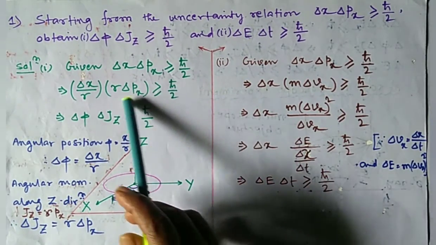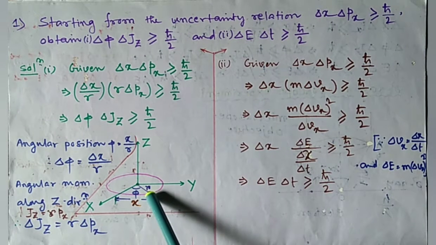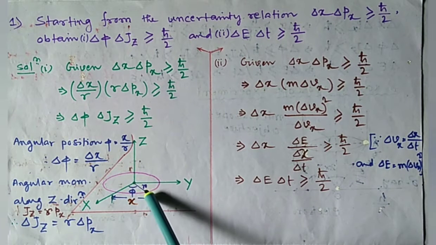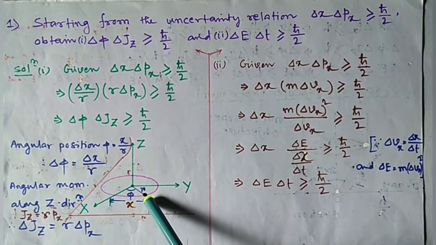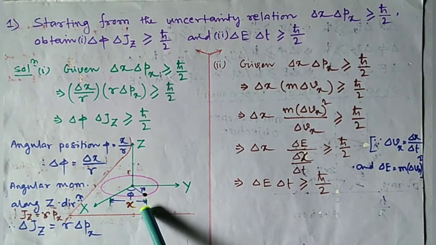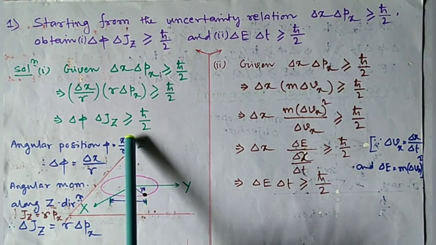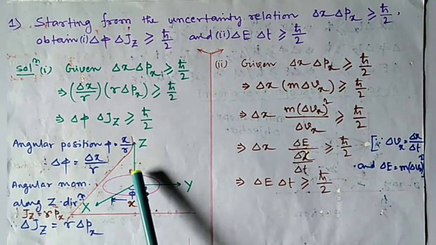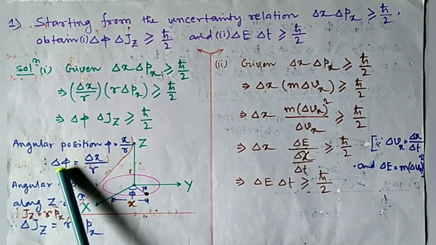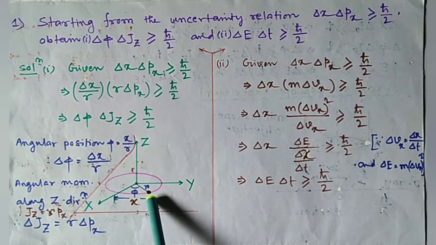Let's understand how this is possible. Look at the diagram. Suppose a particle revolves round a circular track of radius r. When the angular position of this particle is phi, and the linear position is x, then the angular position phi equals x by r. So the uncertainty in measurement of angular position is delta x by r, because r is constant.